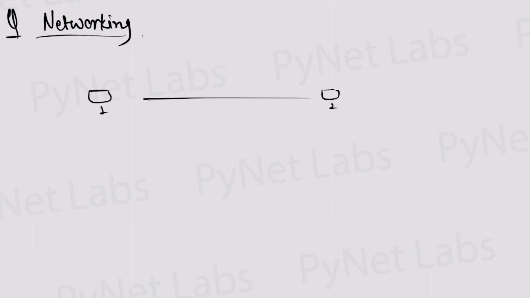So what do we understand from sharing? Sharing means utilizing one thing by multiple users. So whenever there is sharing, there is a requirement of networking. I can give you a very simple example to understand this. Let's assume that there are 5 PCs and there is only one printer.